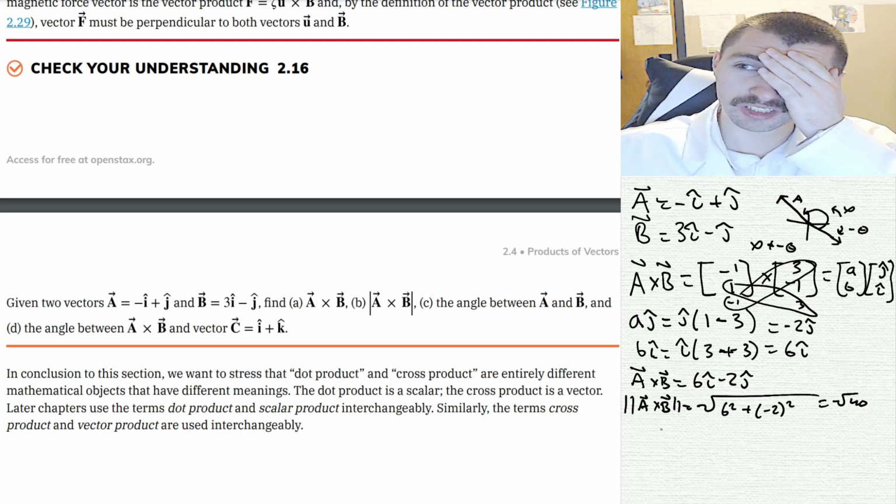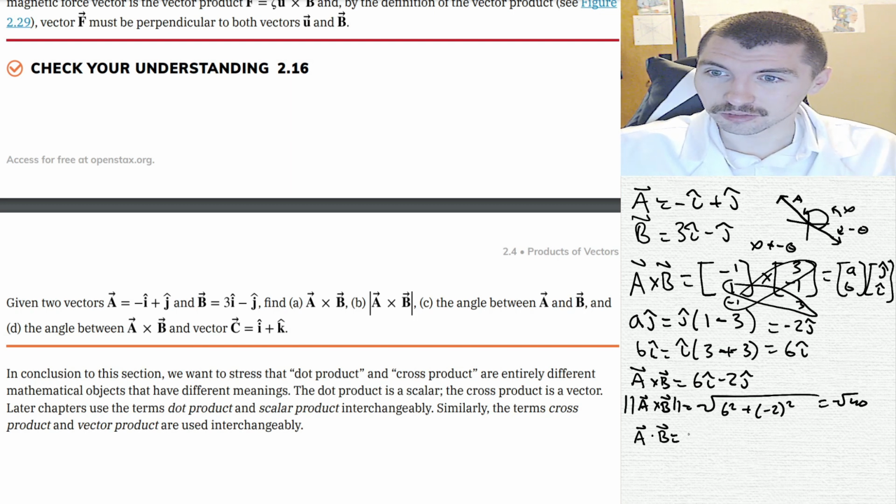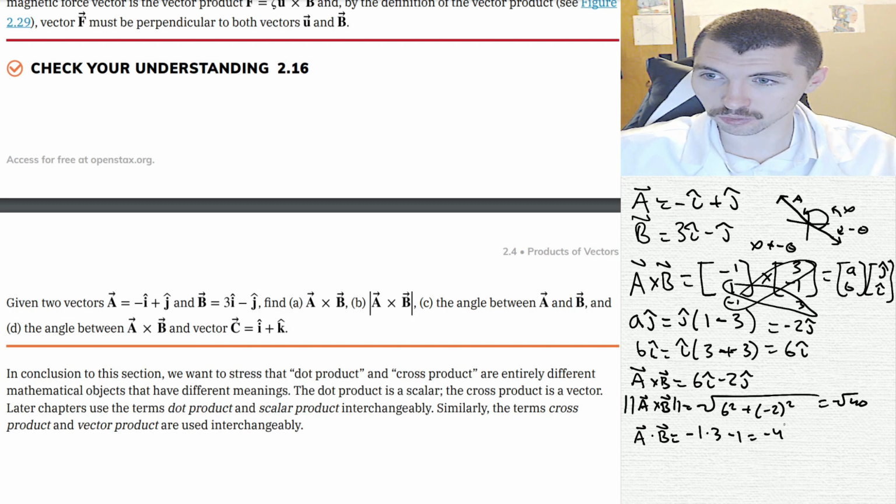Ah, maybe I do the dot product. So that's -1 times 3 minus 1. -3 minus 1 is -4.